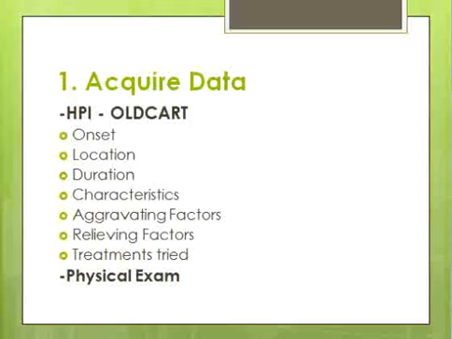So acquiring data, just a reminder about OLDCART: onset, location, duration, characteristics, aggravating factors, relieving factors, and any treatments they've already been trying. Basically acquiring data, that's our S and our O of our SOAP note, right? It includes labs.